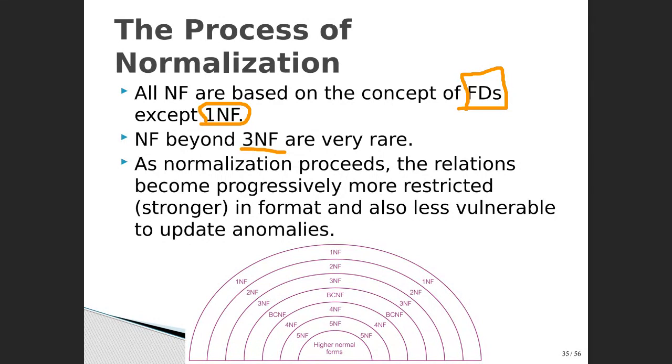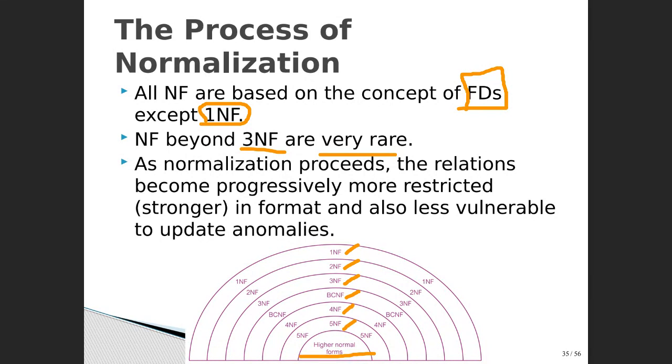Normal forms beyond third normal form are very rare. That's why we are going to focus on the first three normal forms. As you can see in this figure, there are many processes for normalization, starting from the first, second, third, and special kinds of normal forms, fourth, fifth, and higher normal forms. This is very rare, okay?